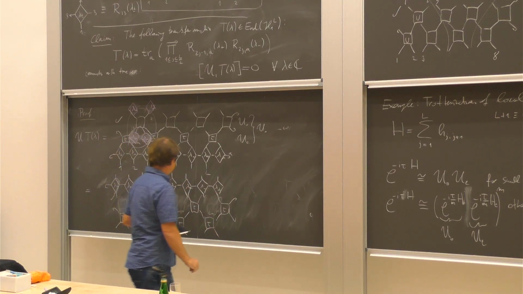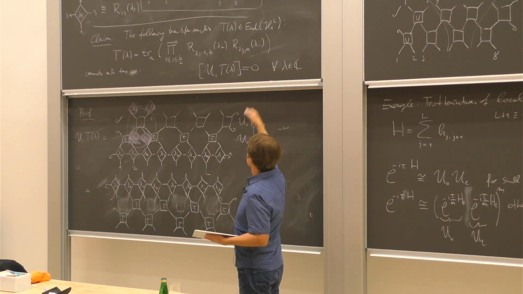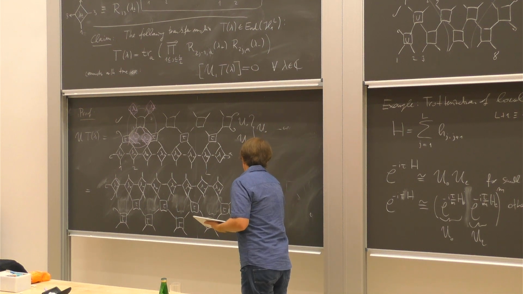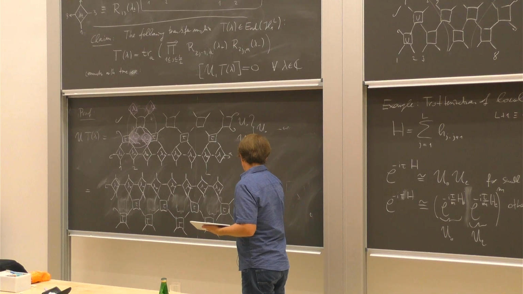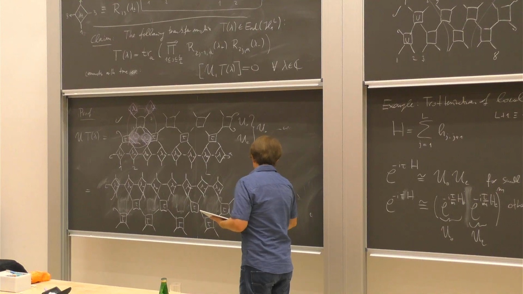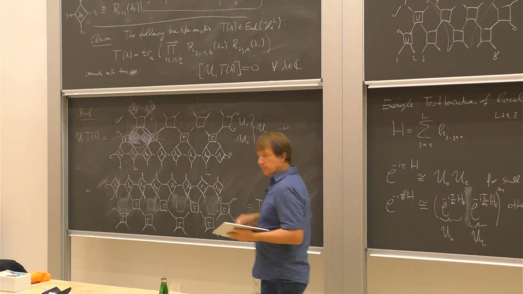And so this is the final result. After two layers of this diagram, using these identities, this is just starting with U and then finishing with T of lambda. So this works for any lambda, which means we proved commutativity for any lambda.